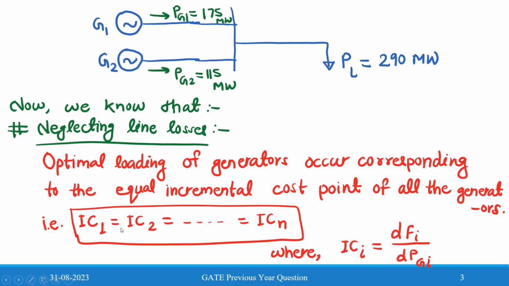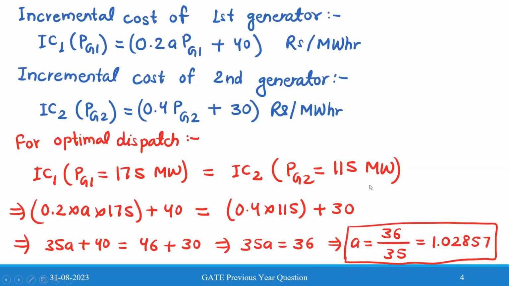That is, IC1 is equal to IC2 and so on up to ICN, where ICi is equal to dFi by dPGi. The incremental cost of the first generator is found by differentiating the fuel cost with respect to Pg1, giving 0.2 A Pg1 plus 40 rupees per megawatt hour. For the second generator, differentiating the fuel cost with respect to Pg2 gives 0.4 Pg2 plus 30 rupees per megawatt hour.